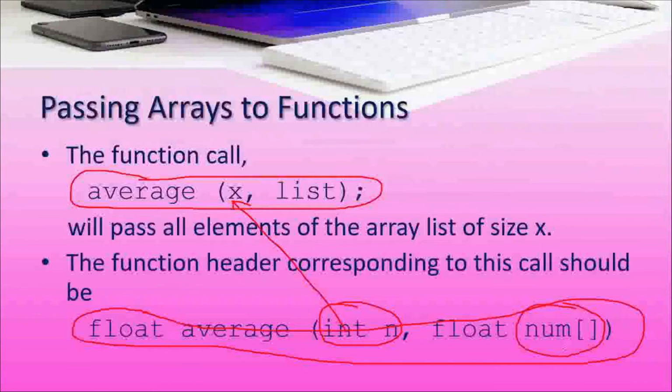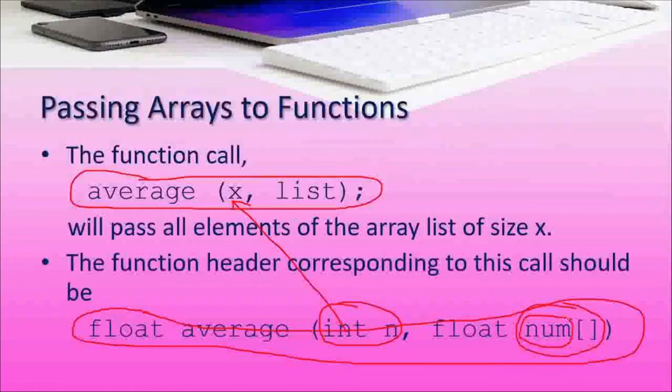Within this floating point array num, we have to give the square brackets also. The square bracket represents that the second argument for the function average is an array. If we don't put the square bracket, then this parameter will take only a single floating point value.